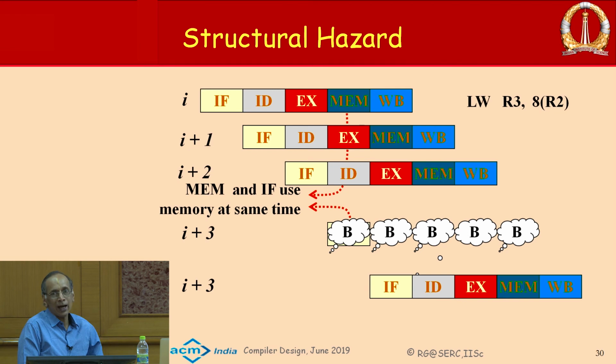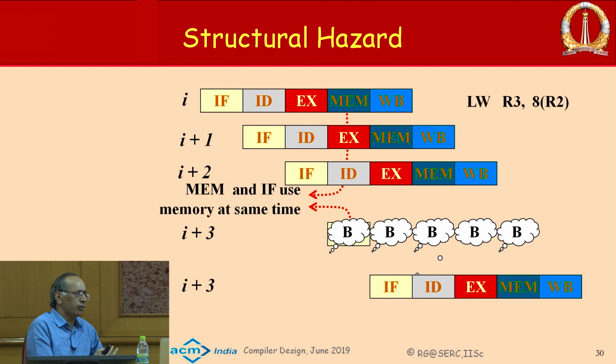When you open the tap, water comes, sometimes air comes in between, that is a bubble, right. That is exactly what it is. In the ideal situation one instruction would come out every cycle, but because of the structural hazard you now have a bubble. That means that nothing is coming out during that cycle, right. So, this instruction comes out at t plus 1, nothing comes out, at t plus 2 this instruction comes out, okay. That is structural hazard.